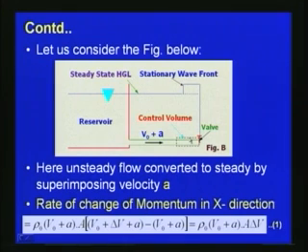Here we consider the flow as one dimensional transient, which we have transformed into a steady state by superposing this water hammer velocity A. So, the rate of change of momentum in x direction is rho 0 into V 0 plus A into delta V, as in equation number 1.